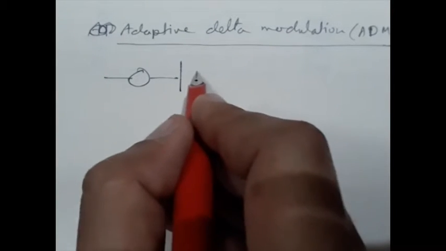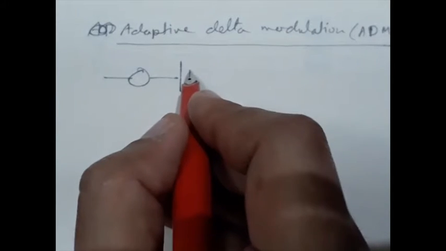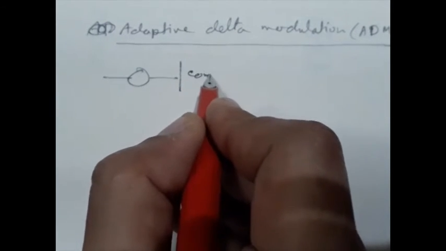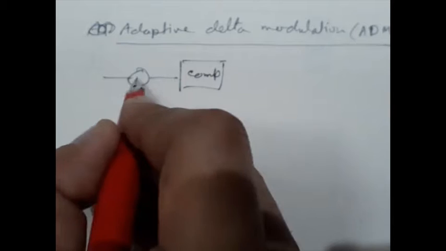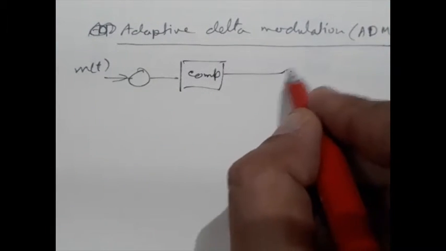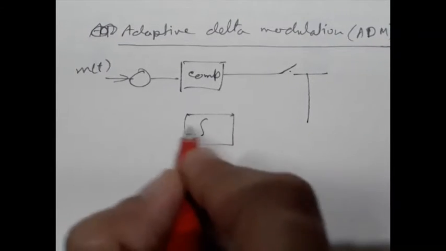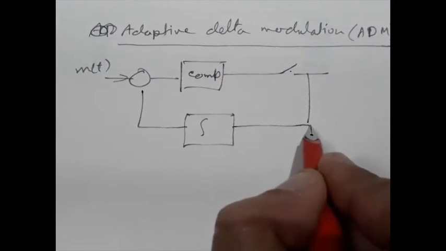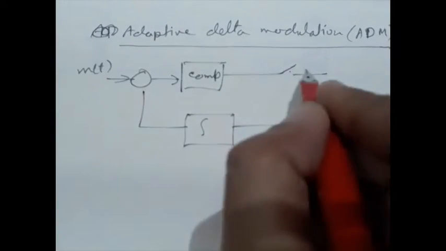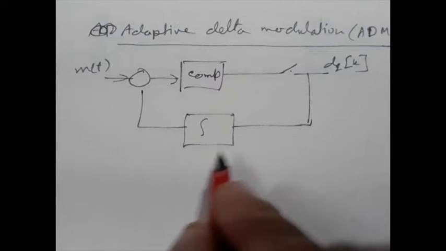Instead of going into the details of the DM circuit, this is the comparator, this is M, this was the switch, this was the integrator. This was the original circuit for the delta modulator.